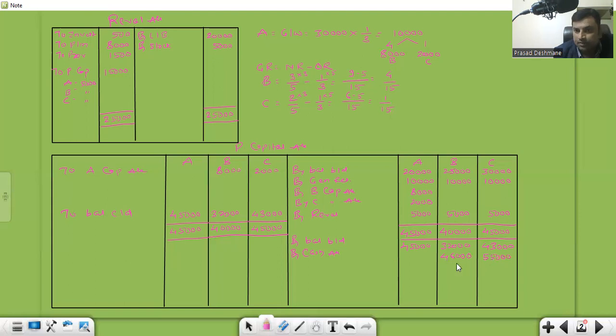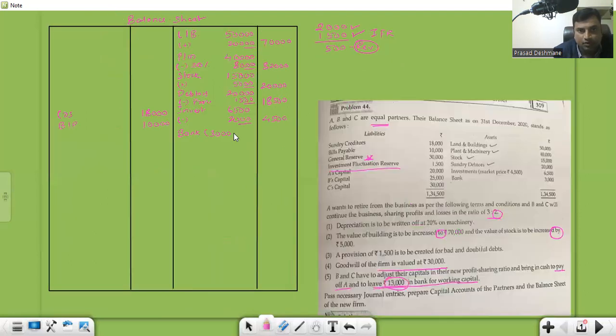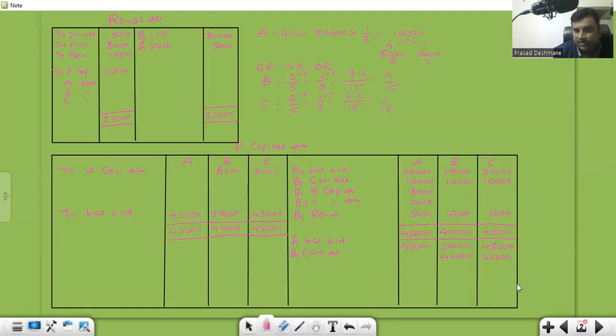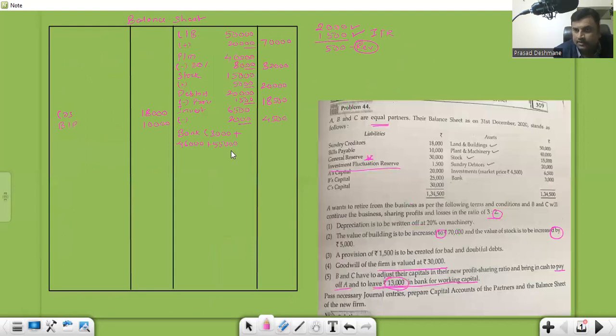So these two brought these values, 46,000 and 55,000, as per the new capital of the firm. So 46,000 and 55,000 get added to the cash because they brought it. Correct? This 46,000 and 55,000 are added to the cash balance.